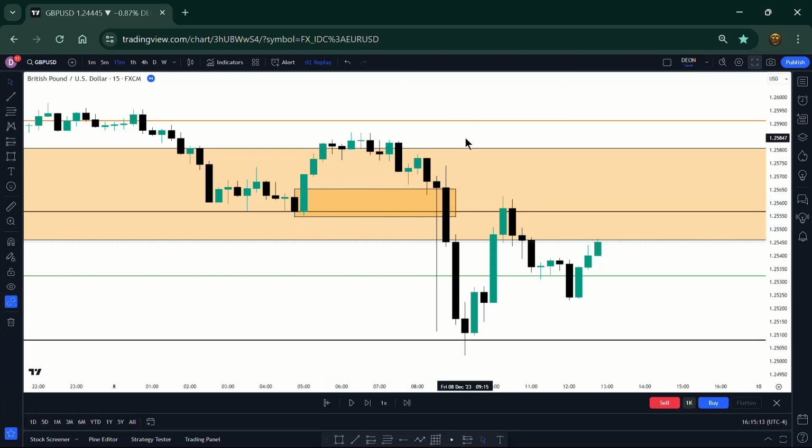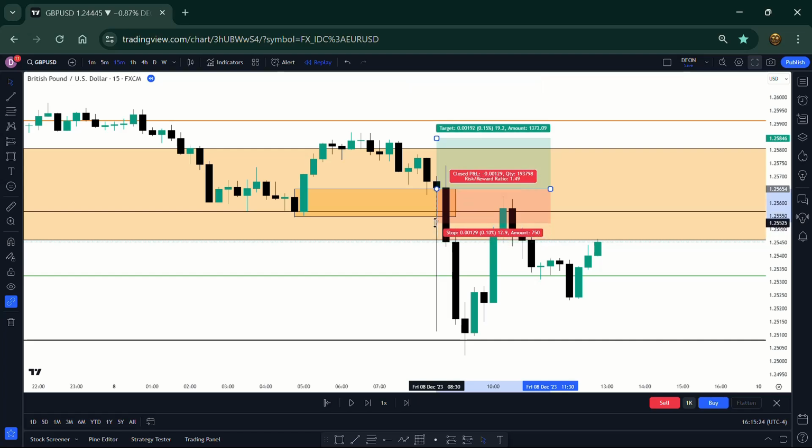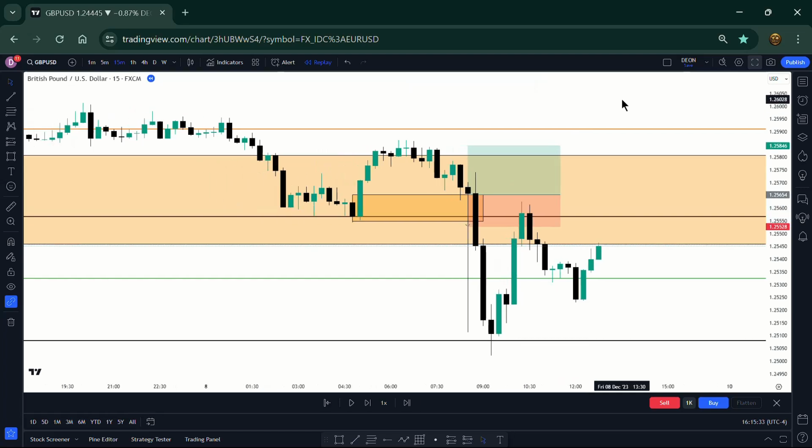So right here, if you entered here, this was going to be a loss. I never change my stop losses. That's how the stop losses have always been.